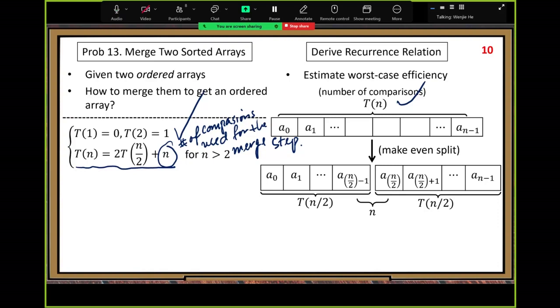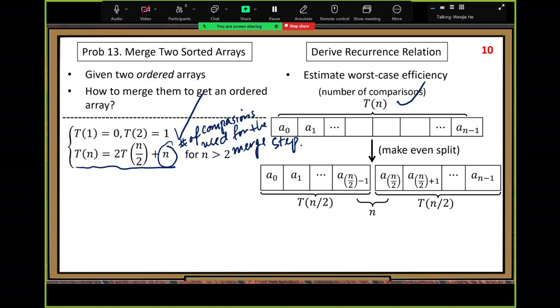So we want to estimate, using some simple way. Here I want to introduce a simple way to estimate. The approximation is actually pretty good.